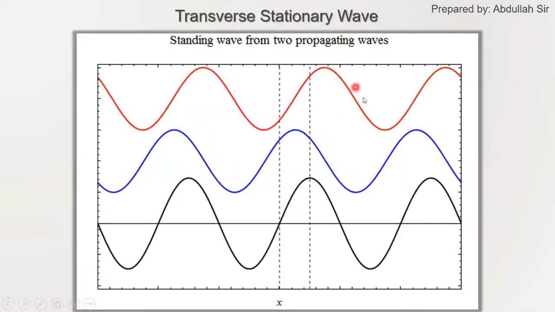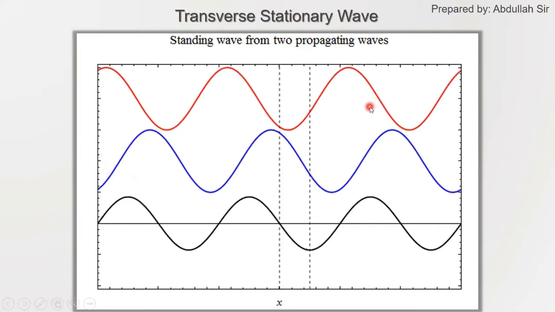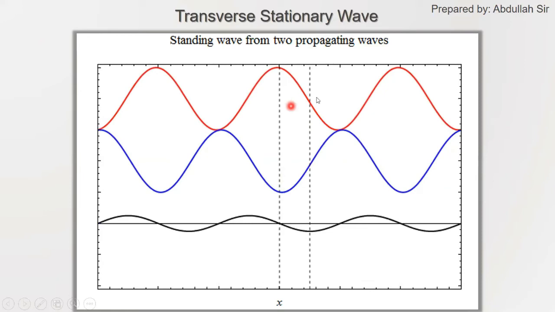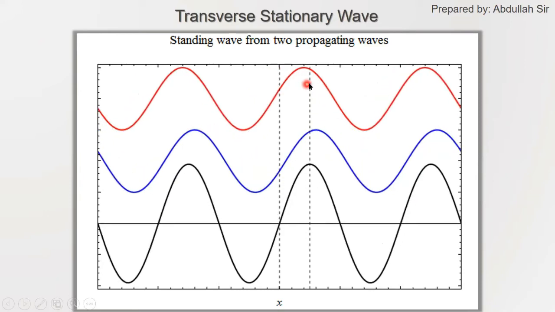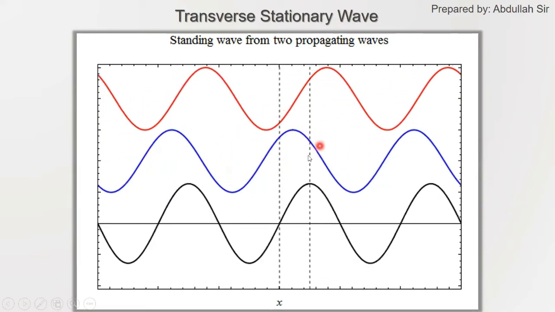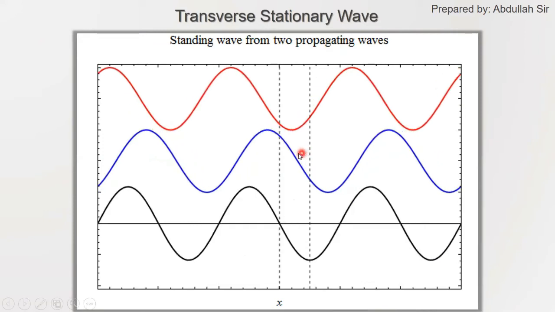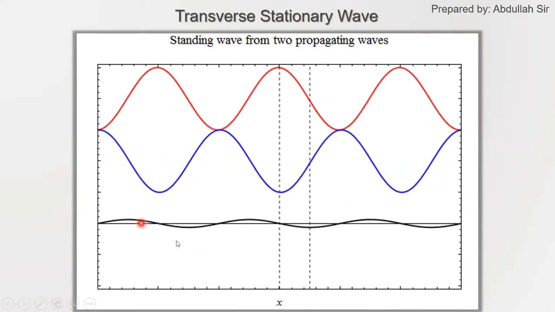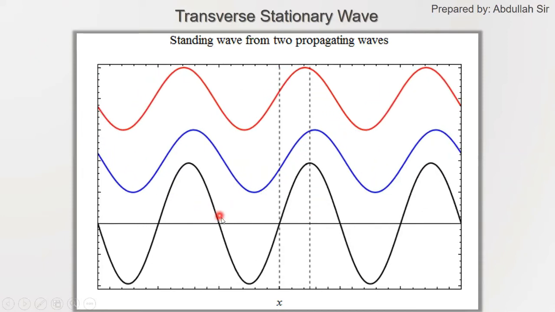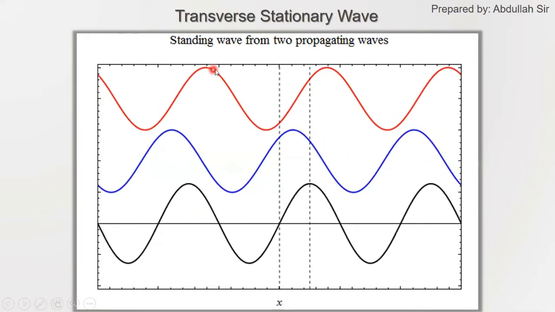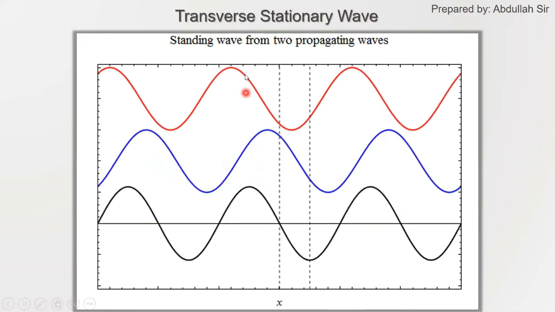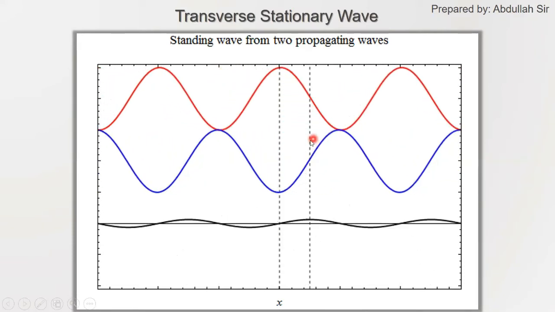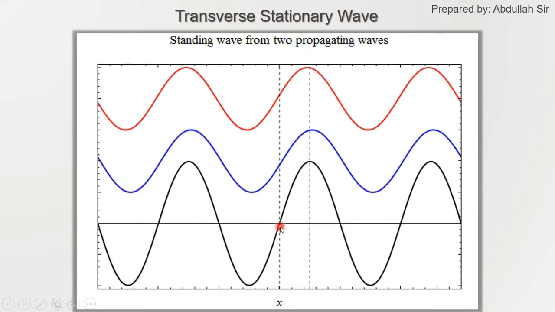So this diagram is showing the transverse stationary wave. The red wave is traveling in one direction and the blue wave is traveling in the opposite direction. And this black wave is your stationary wave. When the crest of blue and red and the trough of these two waves meet each other, we get maximum amplitude.